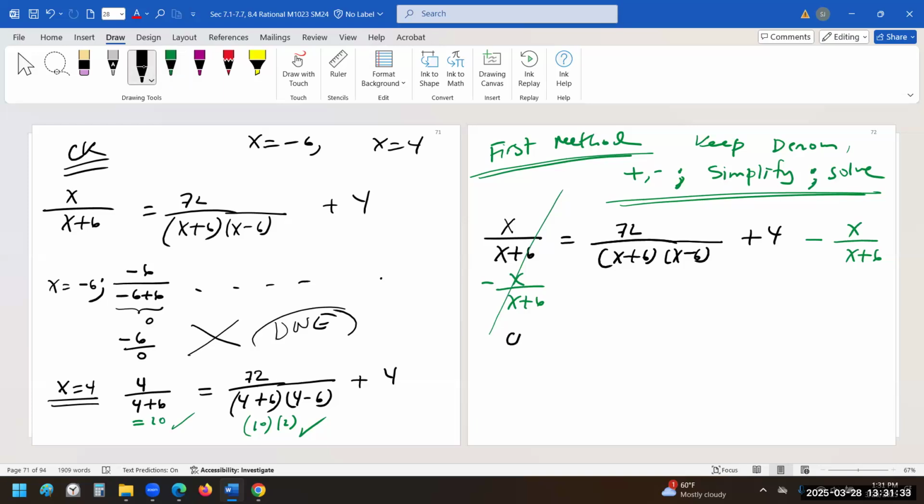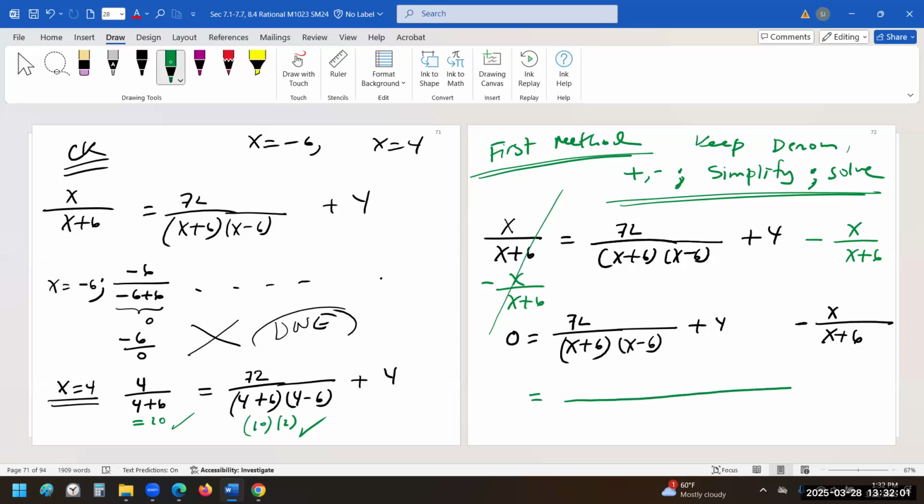We get 0 equals 72 over (x plus 6)(x minus 6) plus 4 minus x over x plus 6. I need more space. So minus x over x plus 6, right? And then I'm not going to keep the denominator. Instead, I'm going for the LCD. What's the LCD?